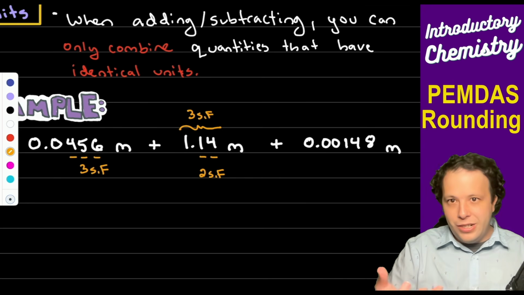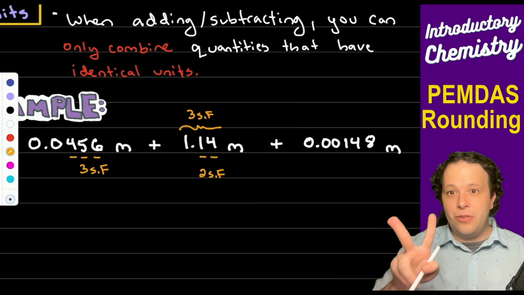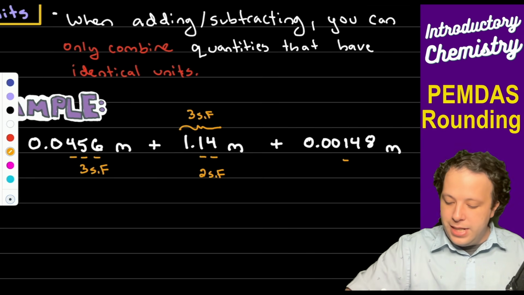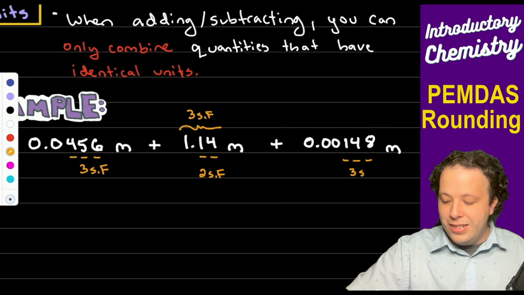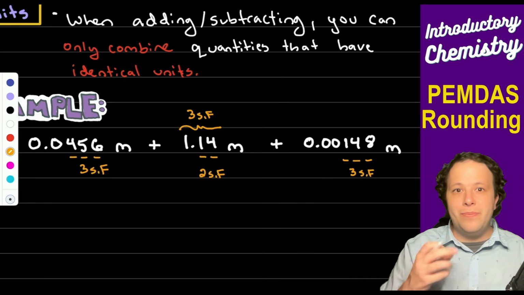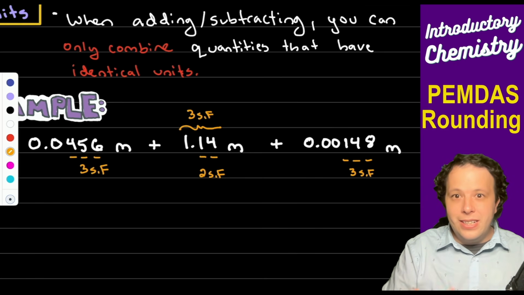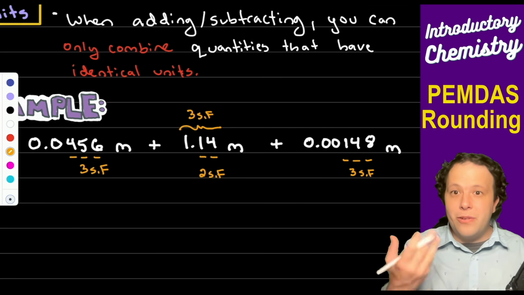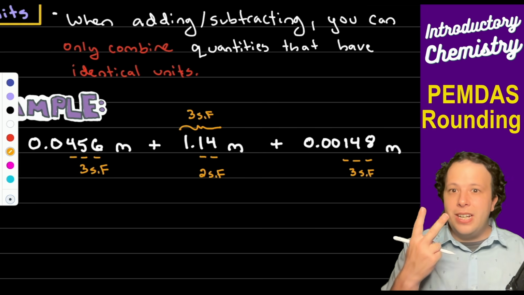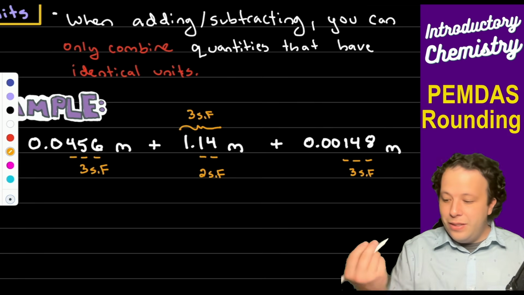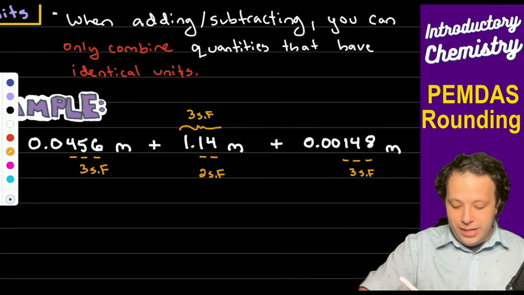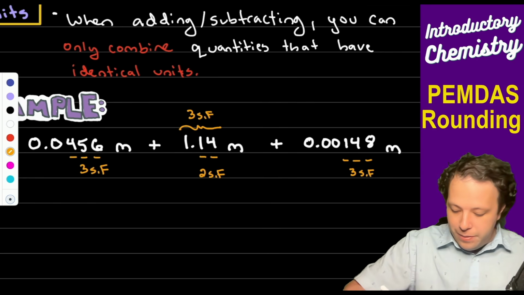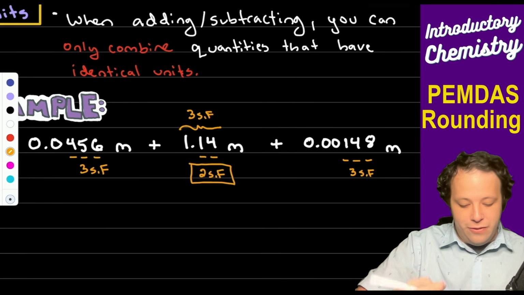But for addition, we only worry about the decimals, so there's 2 of them. In the next value, there are 3 sig figs after the decimal. So when we are doing these calculations, what are we going to have for our final answer? We're going to have 2 sig figs after the decimal for our final answer, okay? So keep that in mind. This is what is going to be affecting that.